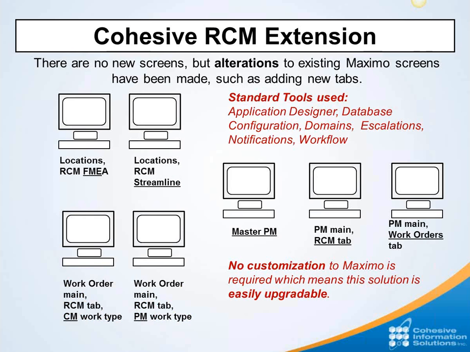And to help leverage some of that information, we also added a work orders tab to the PM application to allow you to quickly view trends of how the PMs have been operating in the field and what the feedback was. Then on the work order application itself, we've added tabs to capture RCM feedback as well as other types of feedback.